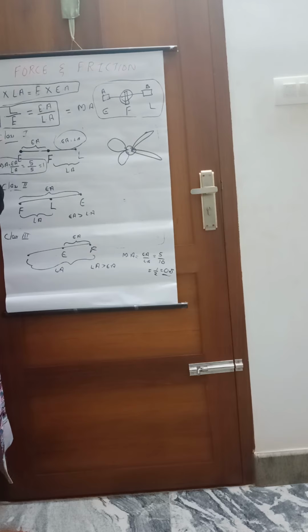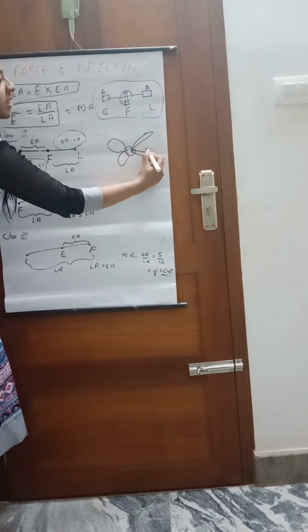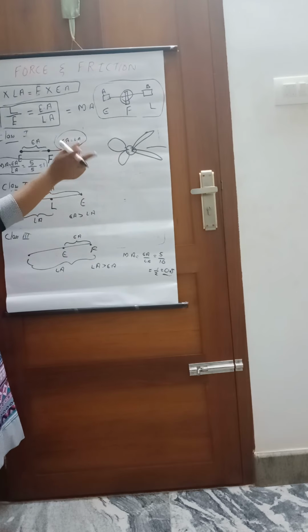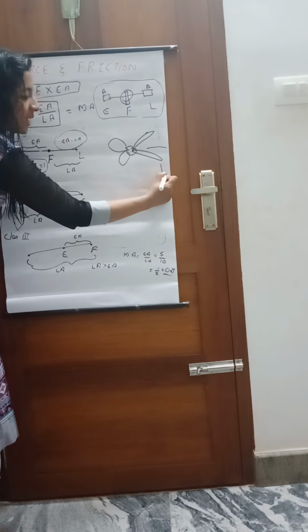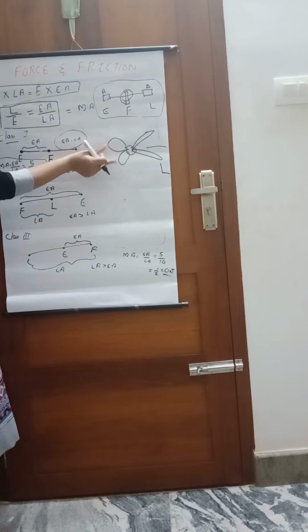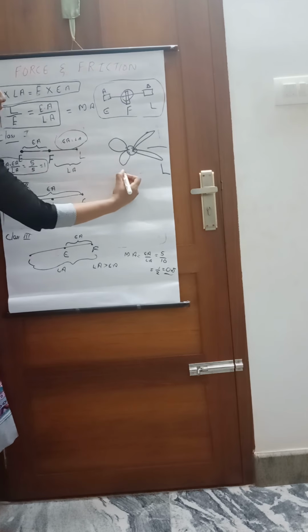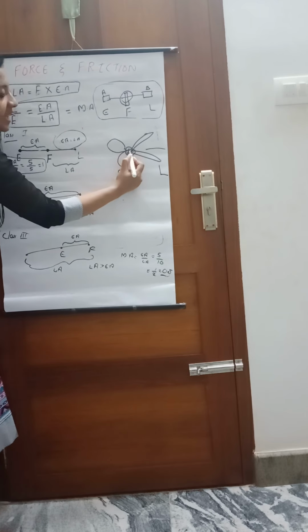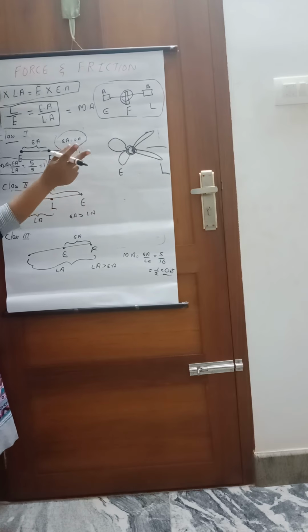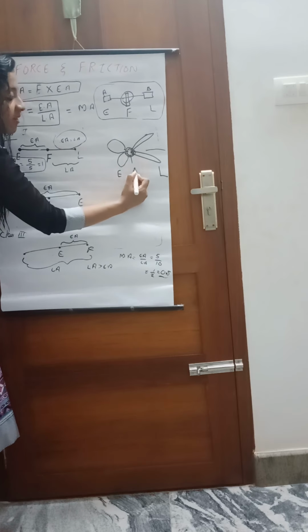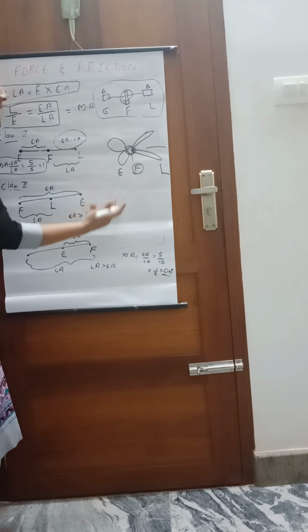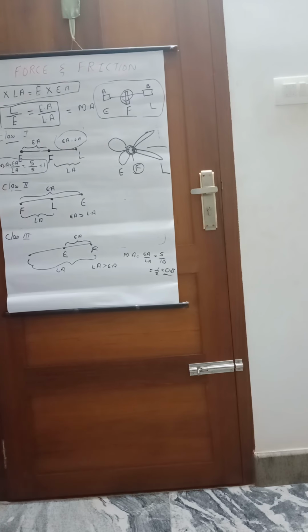So this is the place where we keep the paper to cut it. This part will be the load, and this is the place where we apply some force, so this is the effort. And since there is a screw here, the scissors are able to move. So this is known as the fulcrum. Again, since the fulcrum is at the center, the scissors belong to class 1 lever. Hope it is clear for you.